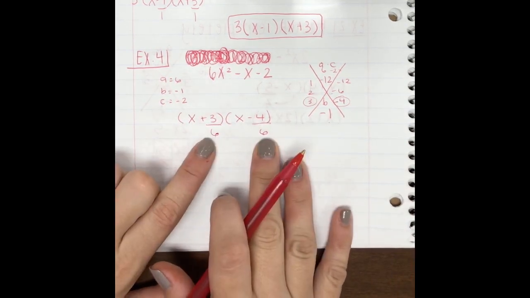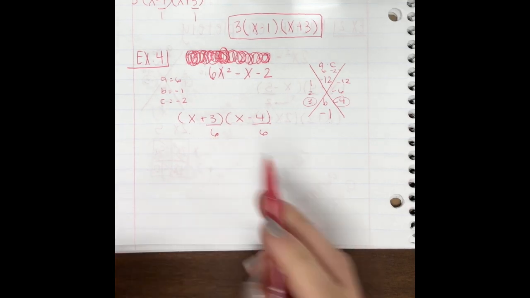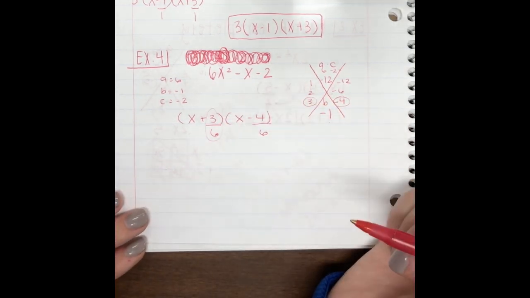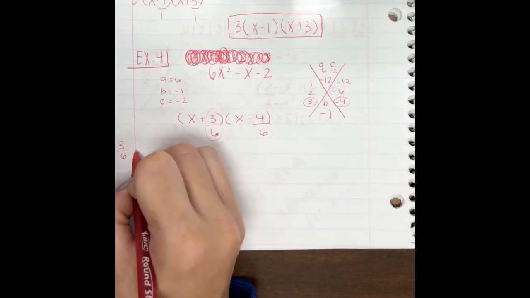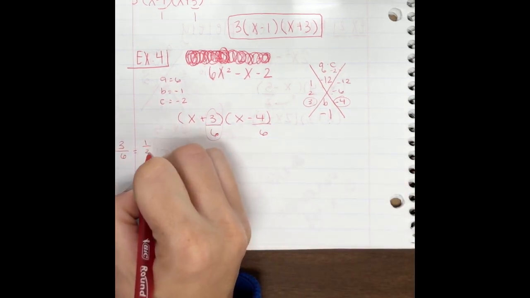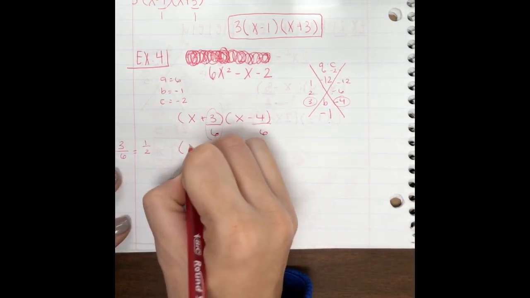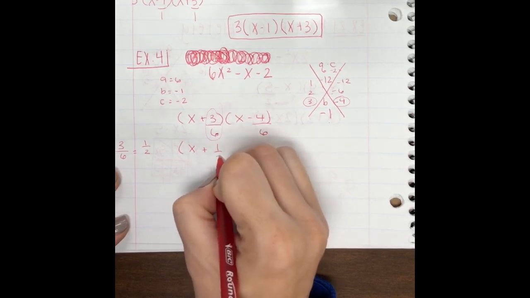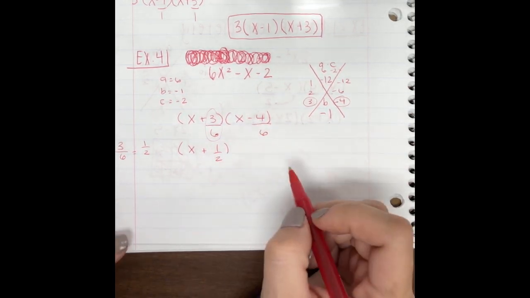So we divided by our a value. 3 is not divisible by 6, but this fraction can simplify. Okay, what I mean is 3/6 simplifies to be 1/2 as a fraction. So we're going to rewrite this as x plus 1/2. And we'll get back to this one in 1 second.